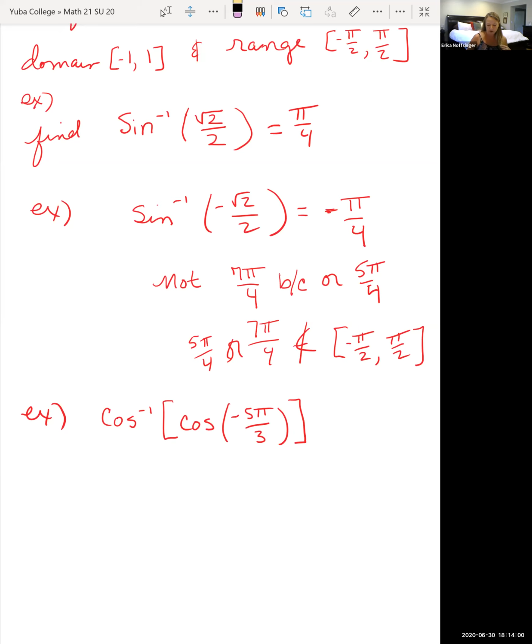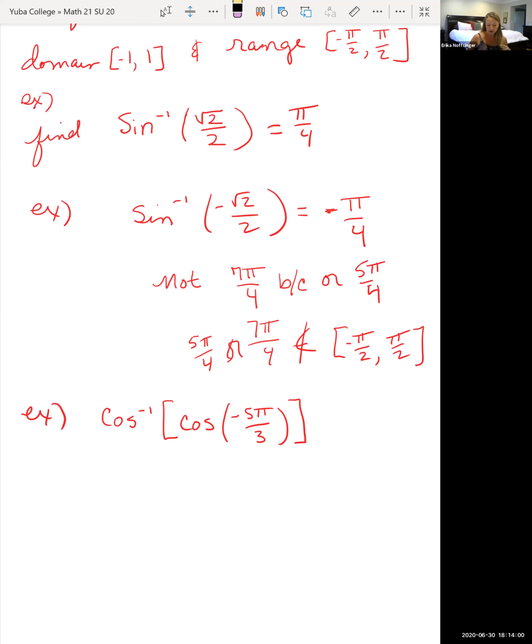So cosine of pi thirds, cosine of 60 degrees is 1/2. Okay, so let's replace this. So we have cosine inverse of cosine of -5 pi thirds, which is positive 1/2. And now you're thinking backwards.